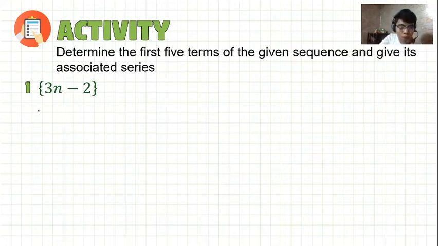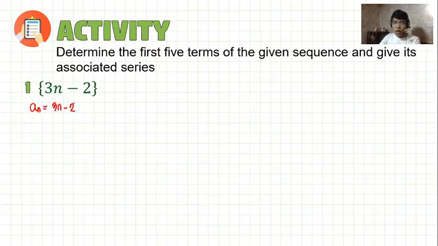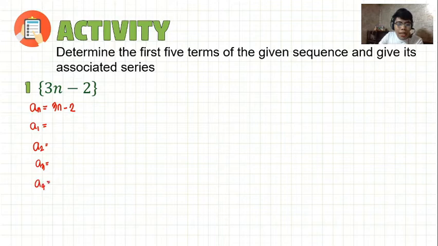Therefore, dito, si a sub n natin ay si 3n minus 2. Ang gagawin natin, we will give the first 5 terms and the associated series. Okay? So, ang hinahanap ay si a sub 1, si a sub 2, si a sub 3, a sub 4, at si a sub 5.